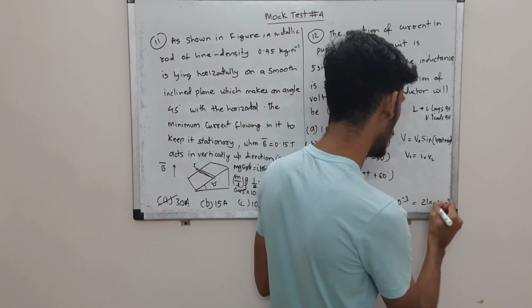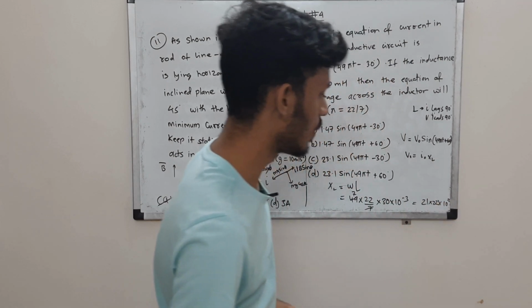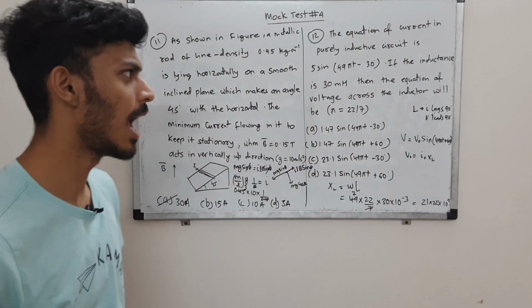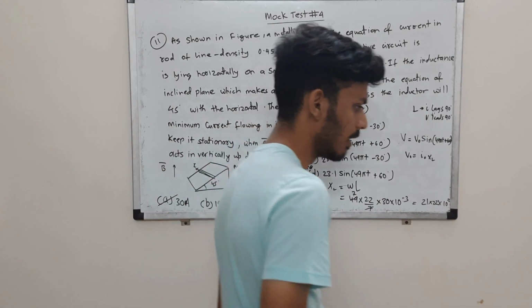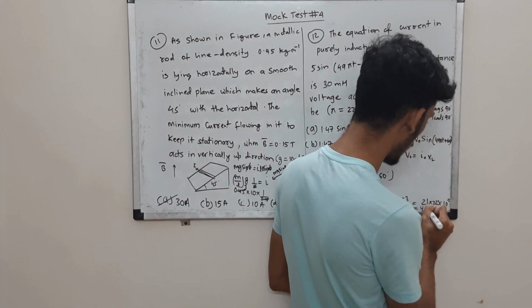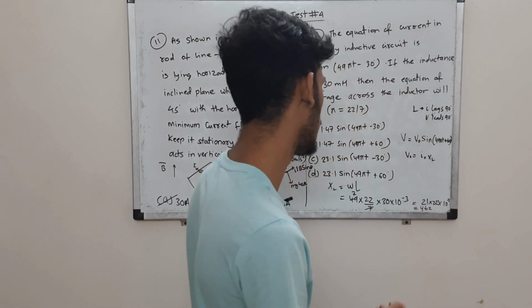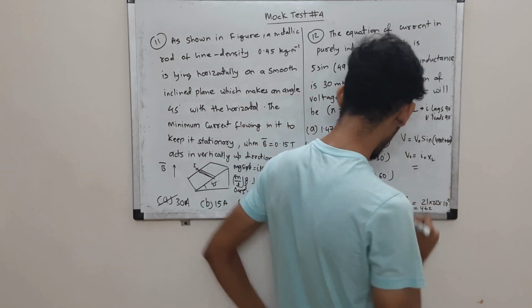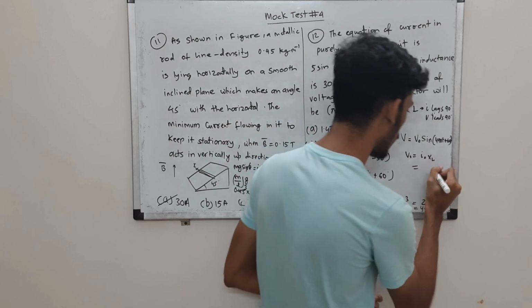So 22 into 21. I think 21 into 21 is 441. To that you add 21, so 462, if I'm not wrong. So 462 or 4.62, since 10 to the power minus 2. So here we have XL as 4.62.